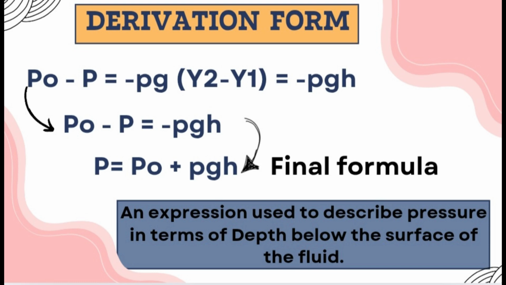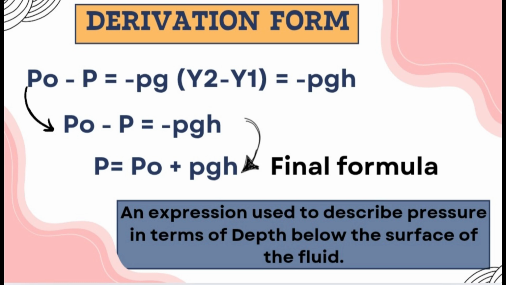Second, simplifying gives P sub naught minus pressure equivalent to negative density times gravity times height, since the parenthesis y sub 2 minus y sub 1 is equal to height or h.